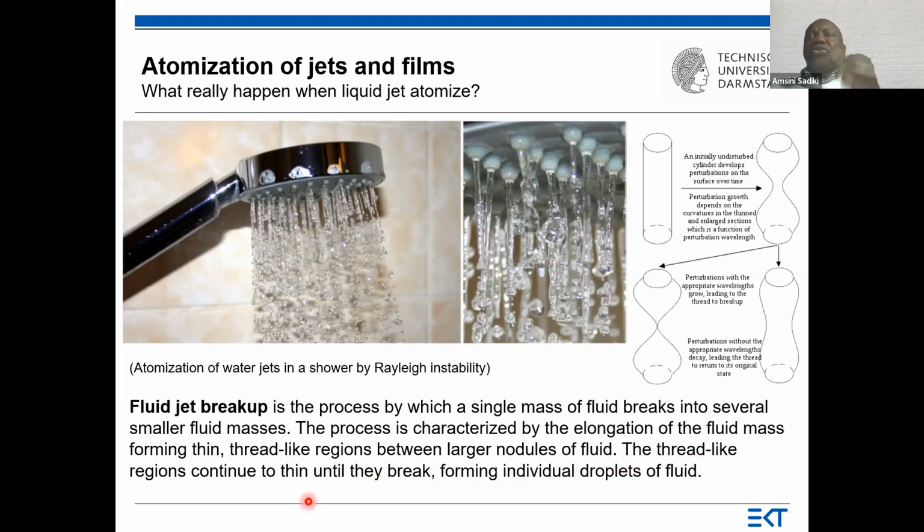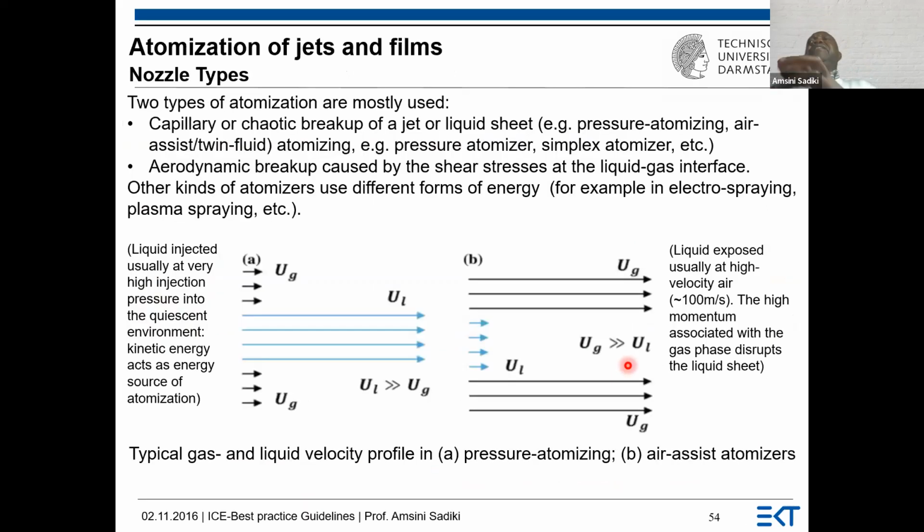This region continues to thin until it breaks, forming individual droplets, as we can see here. But this cannot help us to make some calculation to characterize the spray. This is why we will go into this process and understand in detail what is going on.